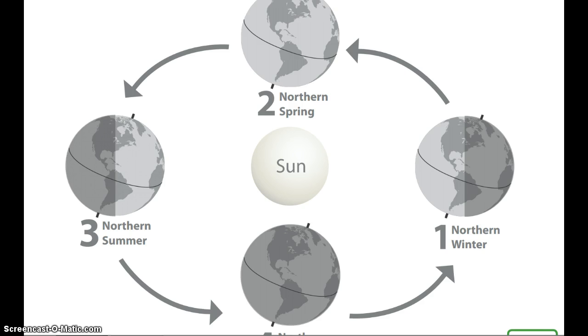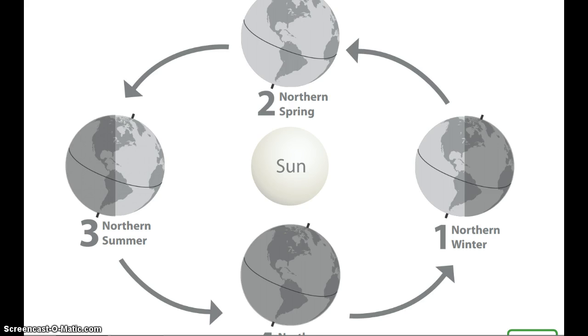At the same time, the southern hemisphere is tilted away from the sun. So it would be winter there. As the Earth revolves around the sun, the axis is tilted. And that's what causes the seasons to change.